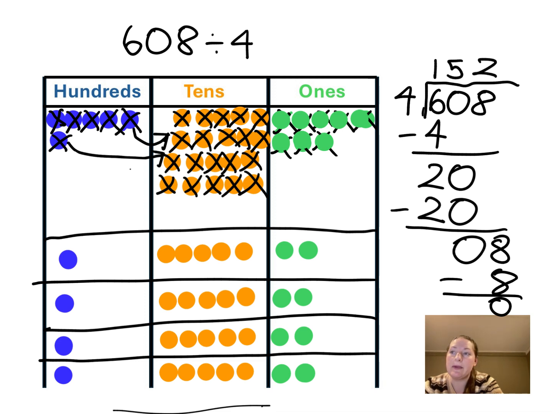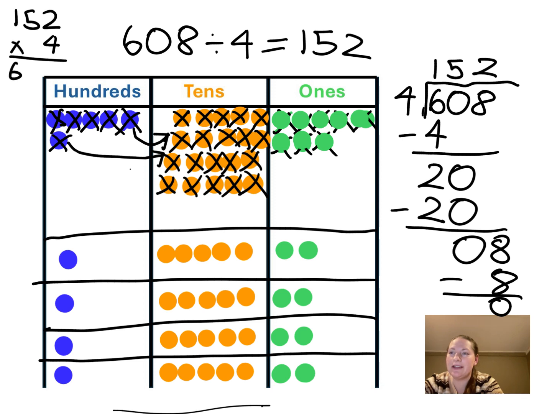So you are telling me that 608 divided into 4 equal groups equals 152 in each group. Can anyone tell me how to double check their math on that? That's right, 152 times 4. And what answer did you get? 608. Great work, everyone.